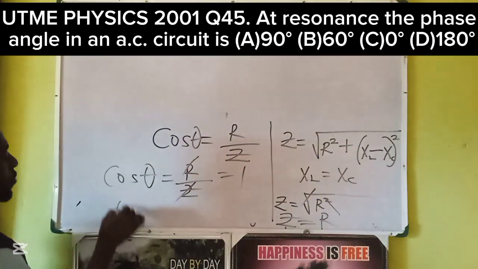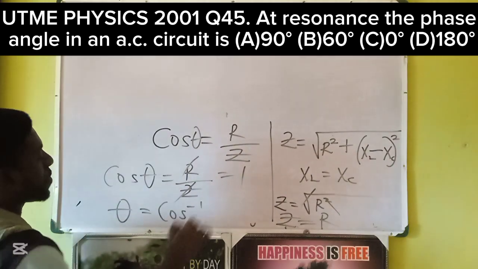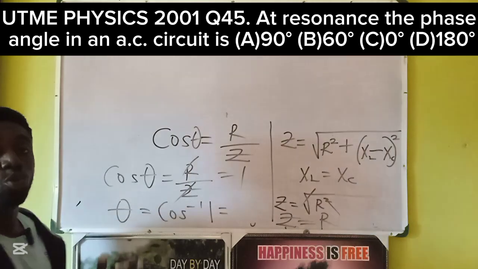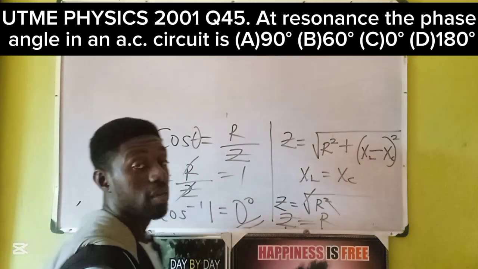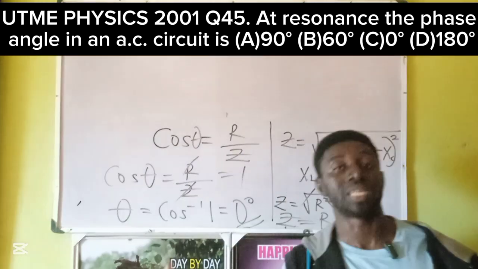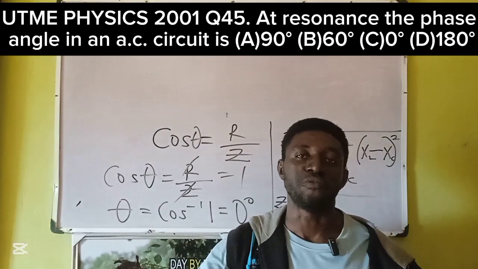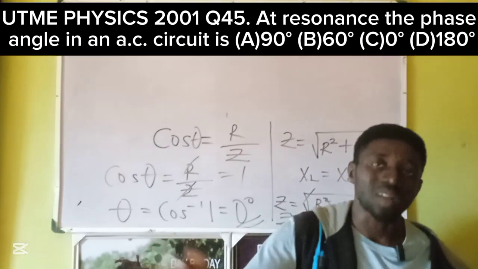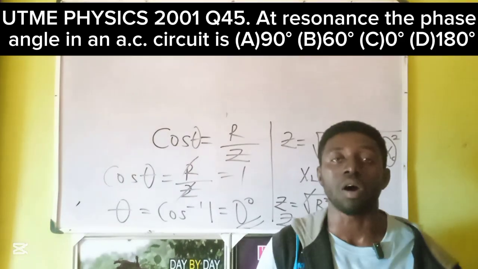Therefore, to get theta, the phase angle difference, we take the cos inverse of 1. When you do cos inverse of 1, you get 0 degrees. So mathematically, we've also proven that a purely resistive circuit is in phase, with a phase angle difference of 0. Purely inductive and capacitive circuits are out of phase, with a phase angle difference of 90 degrees or pi over 2.